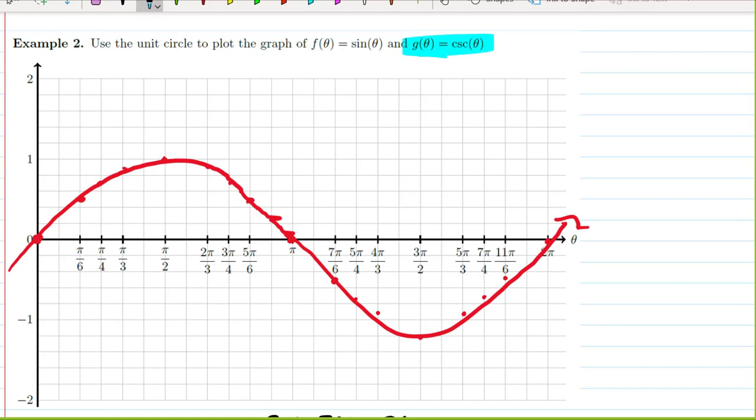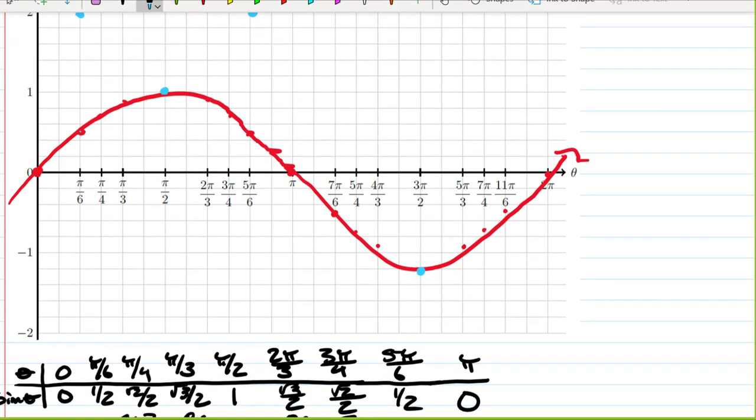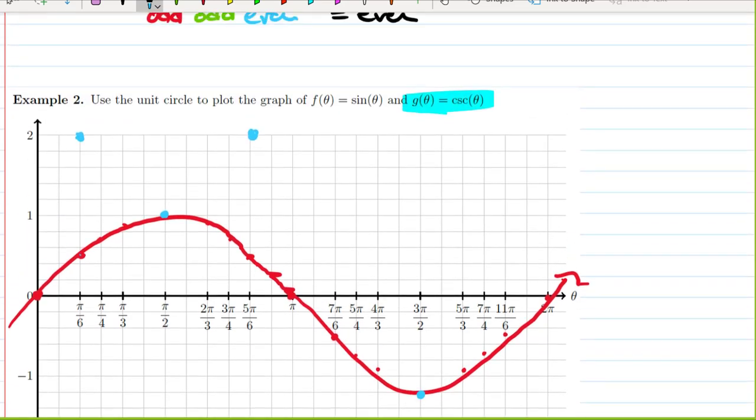If we take the reciprocal of positive 1, we get 1. If we take the reciprocal of negative 1, we get negative 1. And if we take the reciprocal of a half, we get 2. And if we take the reciprocal of negative 1/2, we get negative 2. And we're going to get some of these other values in between.